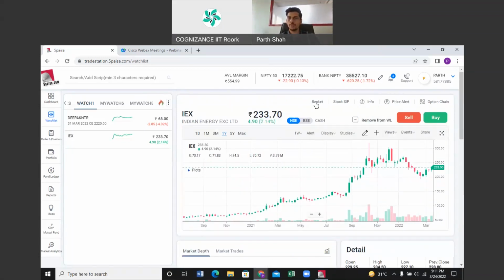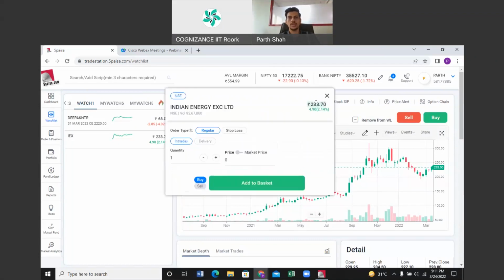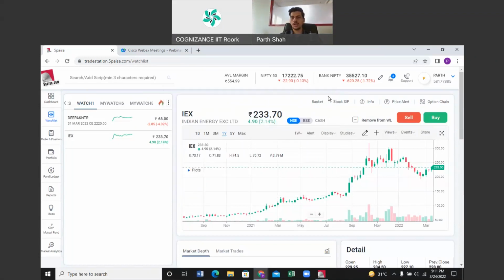We have given an upfront option of adding this particular stock into the baskets. We have the basket order functionality where you can add the stocks into the basket and then execute the basket. Basket orders are more or less like cart orders. Everyone is very much used to shopping with carts, right?